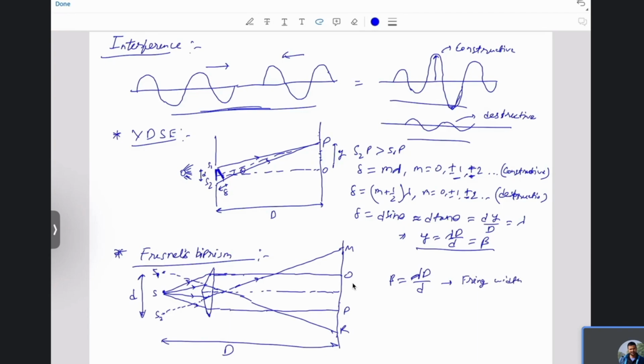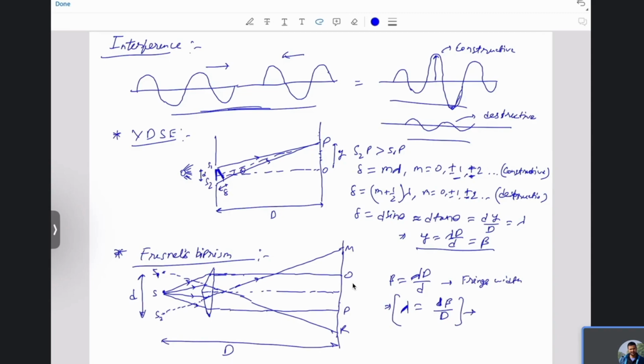From here you can calculate the wavelength, which will be just d beta by D. So if you know the distance between the two virtual sources, and you know the fringe width, and you know this distance, then you can calculate the wavelength of any light.